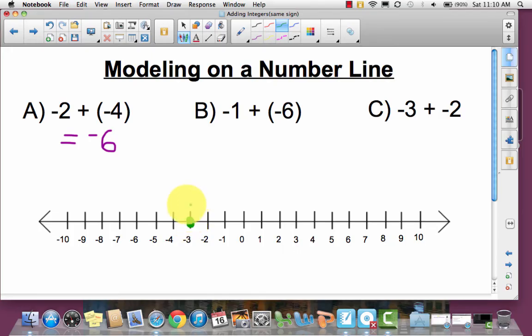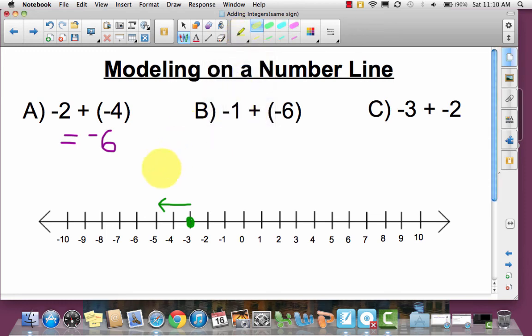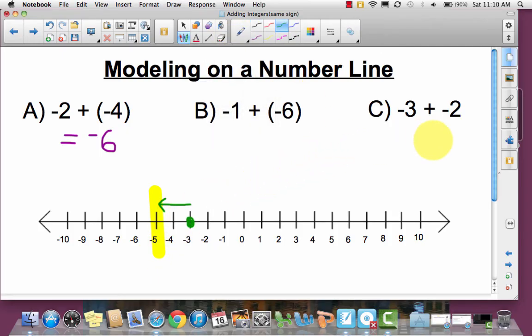So I'm going to go 2 places to the left. I'll draw my arrow so I know which direction I went. And I'm now looking to see where I left off on my number line. I left off at -5. And again, if I think of integer chips, I would have 3 red chips and 2 red chips, which would give me 5 red chips, which means it would be -5.